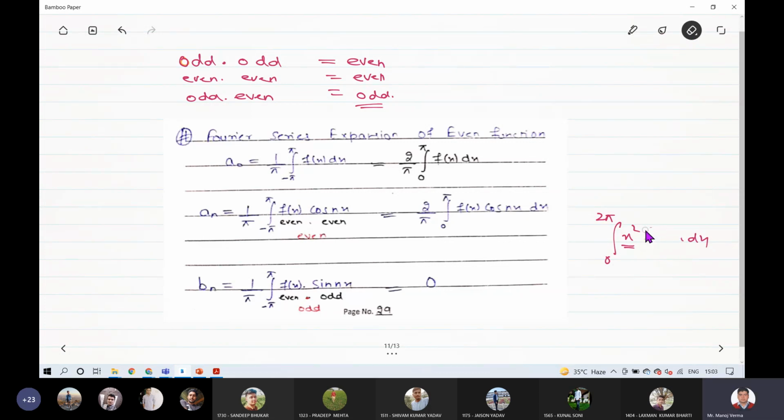Overall, this function is an odd function, so you can simply see this function is odd. Students mistakenly mark it 0, calculate it 0, but this is not the case. You can use this simplification only in the case when limits are given from minus pi to pi.